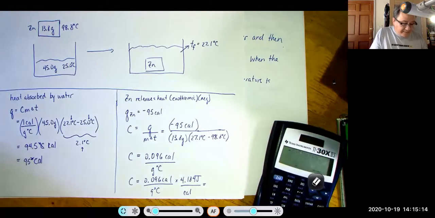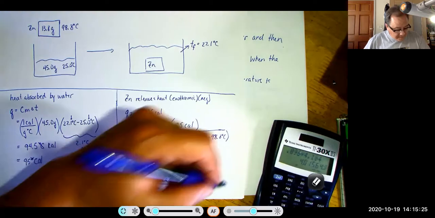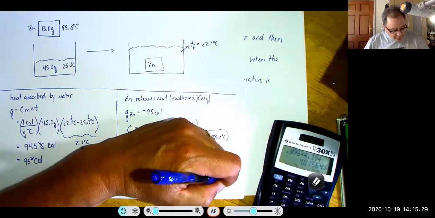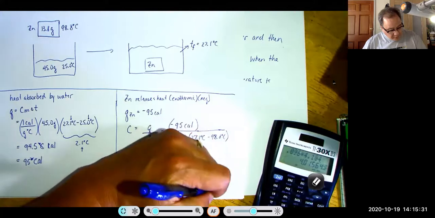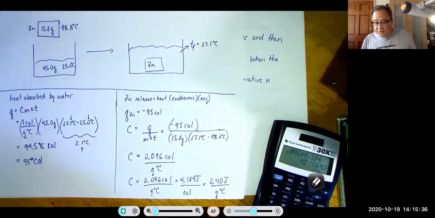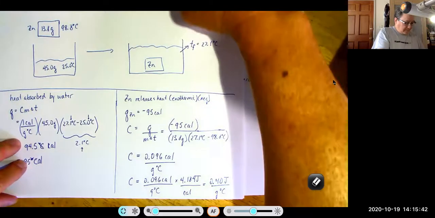And let's see what I get. 0.096 times 4.184, and we get 0.40 joules per gram degree Celsius. So either answer would be correct. And this is pretty close to the specific heat capacity of zinc. Okay, let's put that one to the side.